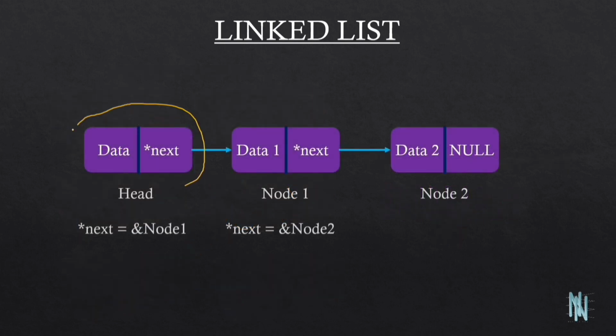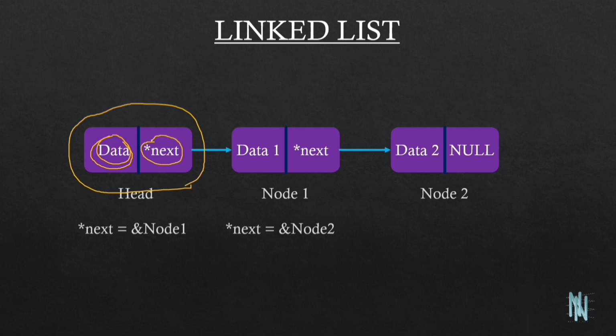This is the structure of a linked list. A linked list consists of two things. Number one, data. Data can be of any data type like int, float, char. It's the data which the user inputs. Another thing is the pointer.